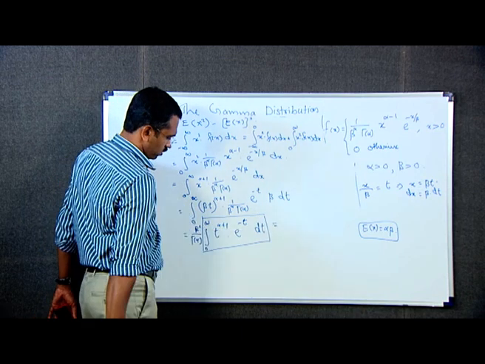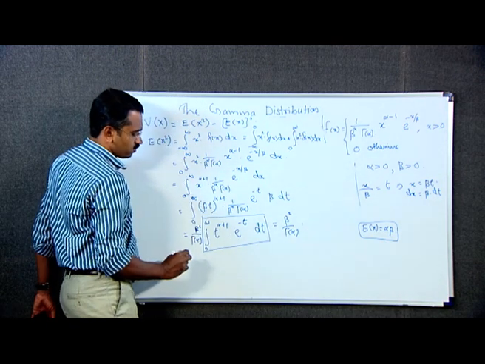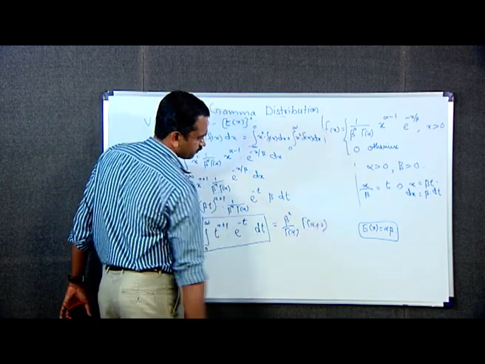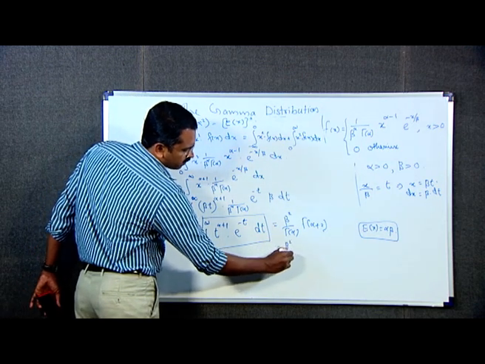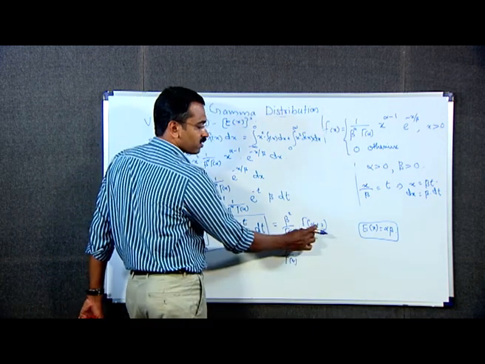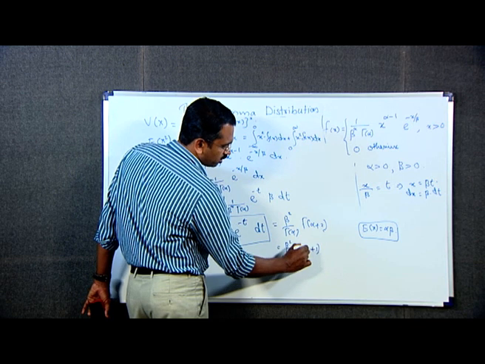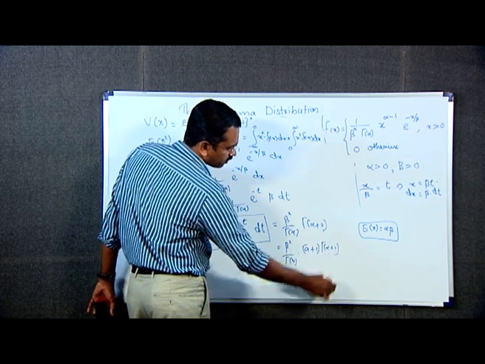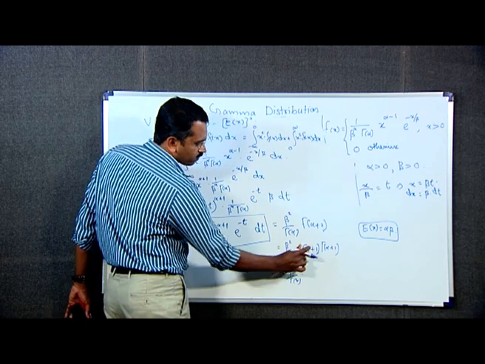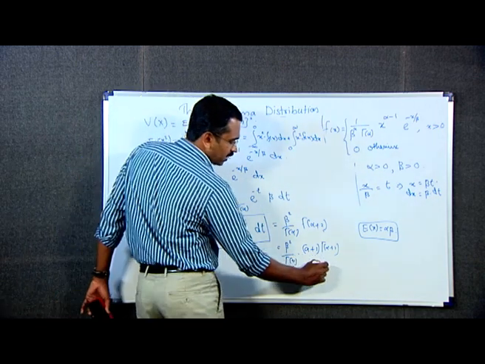This is equal to beta square by gamma alpha into, by definition, this is gamma alpha plus 2, which is equal to beta square by gamma alpha into, by the recurrence relation of gamma function, gamma alpha plus 2 can be written as alpha plus 1 into gamma alpha plus 1, which is equal to beta square by gamma alpha into alpha plus 1 into, this gamma alpha plus 1 can be written as alpha into gamma alpha.